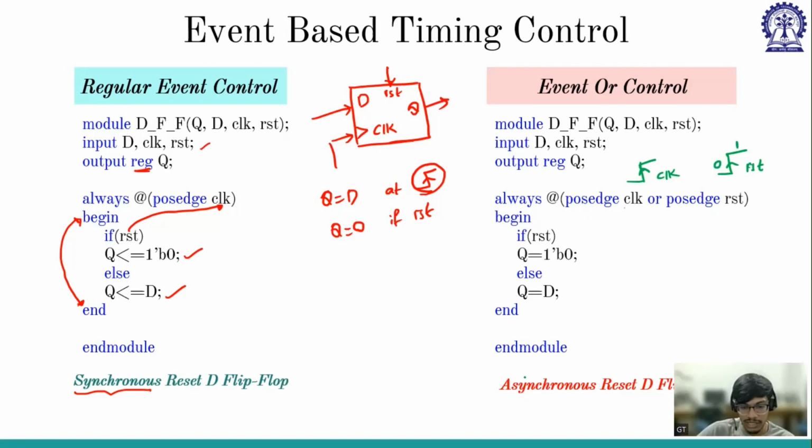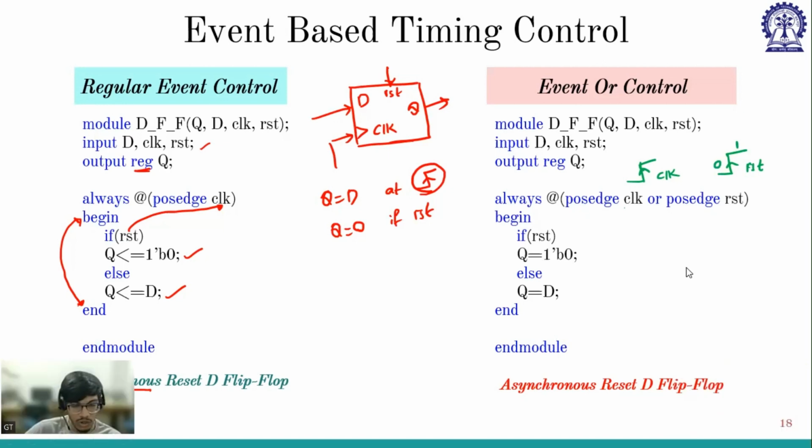It is not synchronized with the clock. It is happening in an asynchronous fashion. Whenever I click reset, whether the clock is 0 or 1, irrespective of that, my reset is happening. Understood?